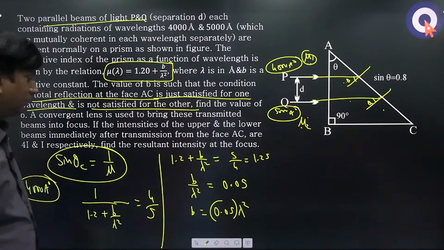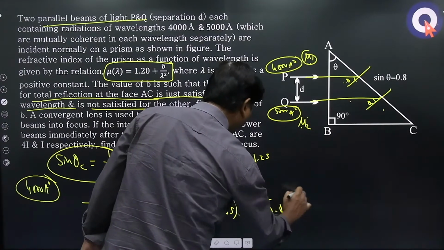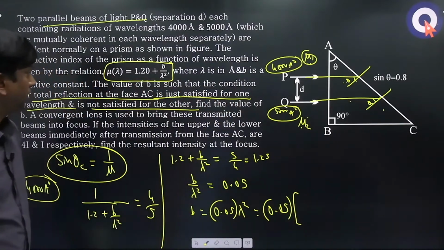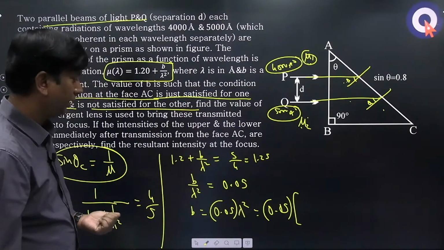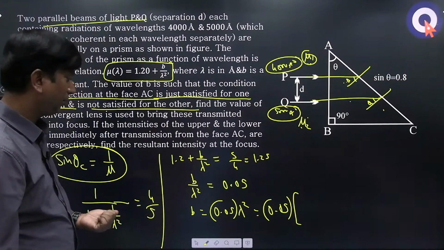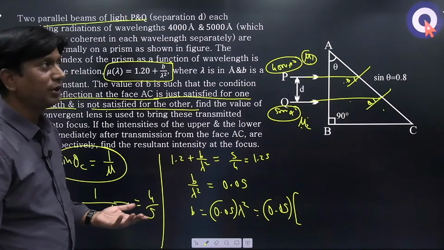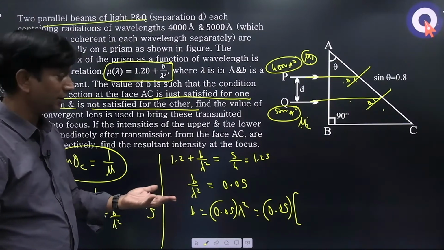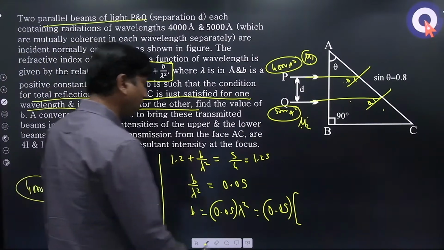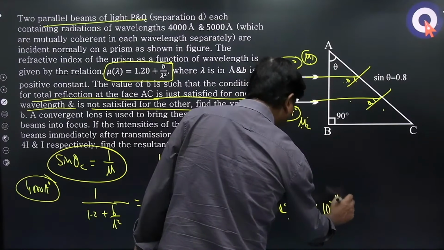So that is the value for B. Now 0.05 into lambda square for 4000 angstroms. You are taking angstroms, so 4000 angstroms is 4 into 10 power minus 7, because angstrom is 10 power minus 10. So 4 into 10 power minus 7 whole square is 16 into 10 power minus 14.